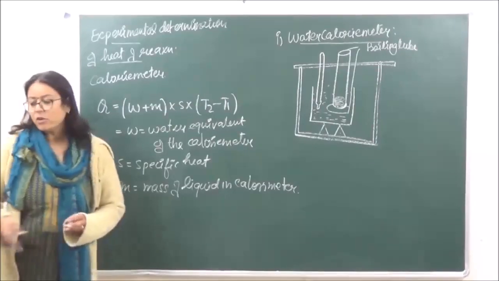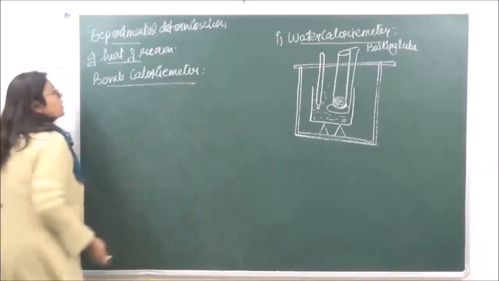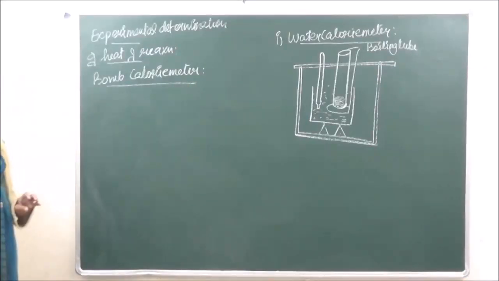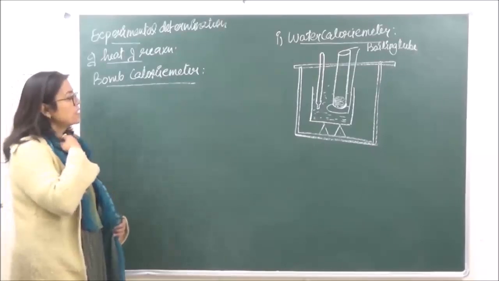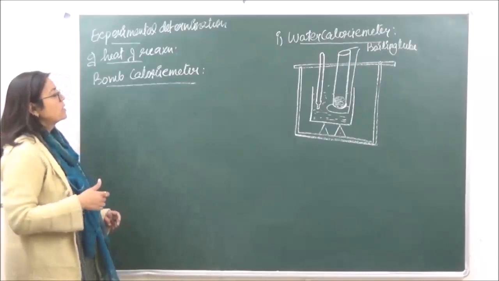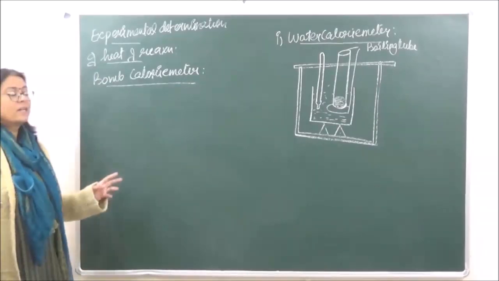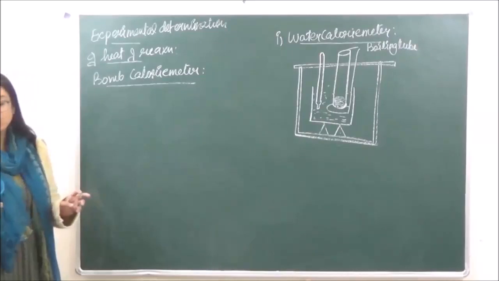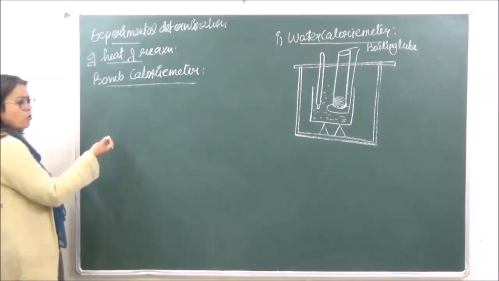The second type of calorimeter which we are going to have, that is the bomb calorimeter. Now what is going to be a bomb calorimeter? Bomb calorimeter generally हम लोग use करते हैं for calculating the heat of particular reactions in which it is much more insulated than the water calorimeter. ठीक है? So इसमें we are going to, again this apparatus is almost the same.